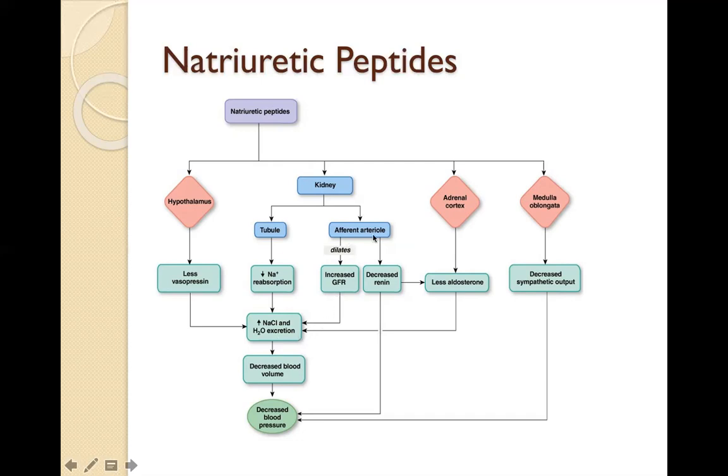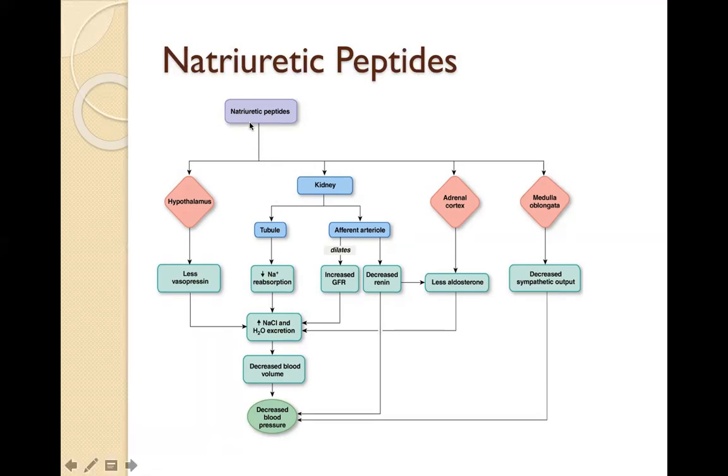It will also lead to decreased renin production. That decreased renin production is going to have a decreased effect on stimulating the renin-angiotensin-aldosterone system, meaning that you're going to get less of each of those effects. And the main effect of that would have been to increase blood pressure, but if you decrease renin, that's going to decrease blood pressure.